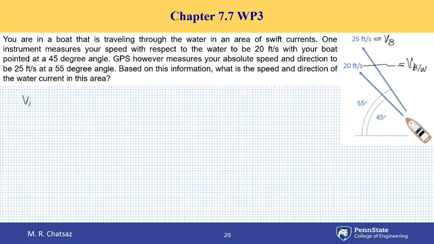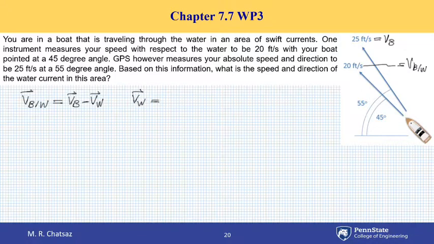So relative velocity of the boat with respect to the water is nothing other than the difference between the two velocities. So I write this as VB minus V of water. Since I'm after the unknown VW, I solve this equation for velocity of water.